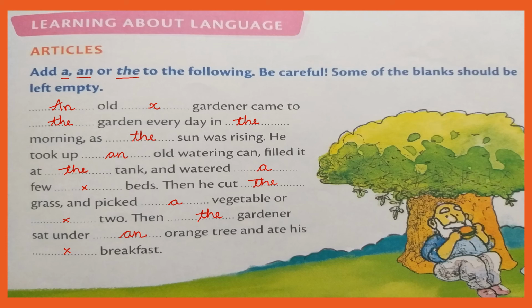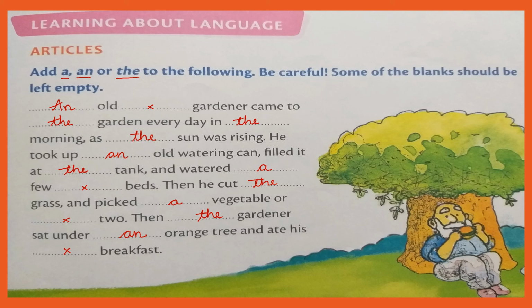So you can notice here some of the blanks which are marked X, as the cross mark, you need to leave them empty. So the first one, an old gardener. So this blank is empty. An old gardener came to the garden every day in the morning as the sun was rising.